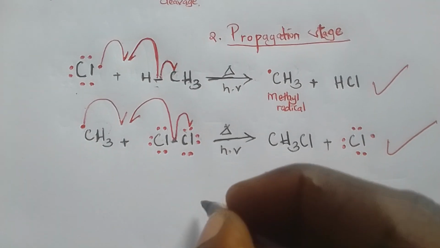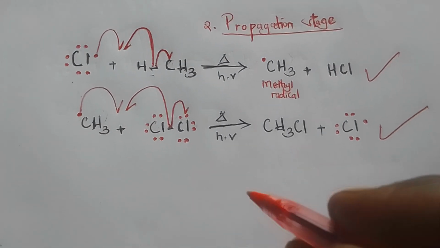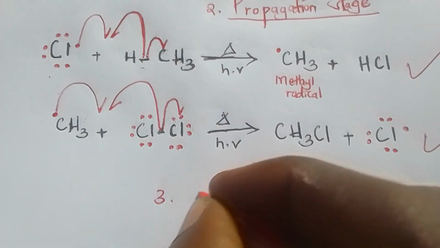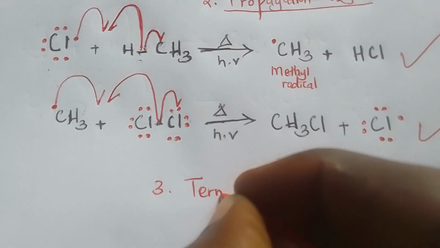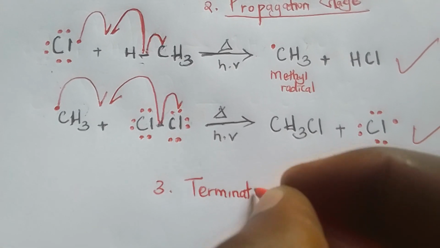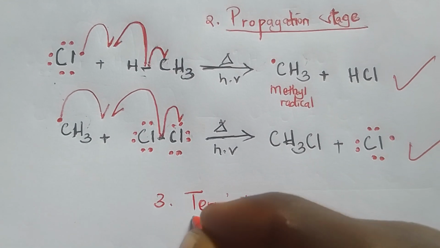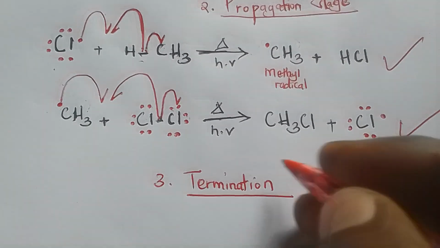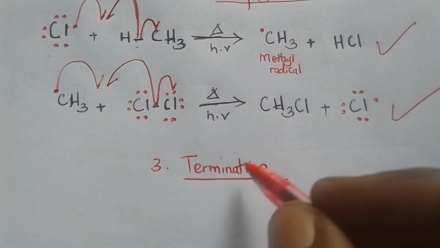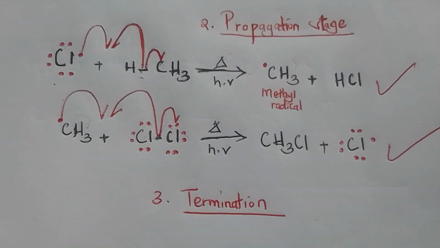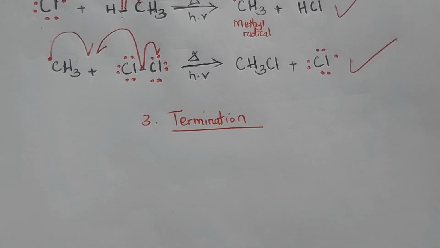Lastly, the termination stage. The termination stage is the stage whereby any of the free radicals in the structure recombine or rejoin or react to form the final product.